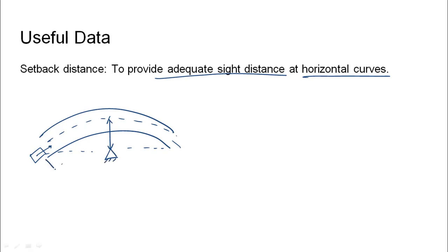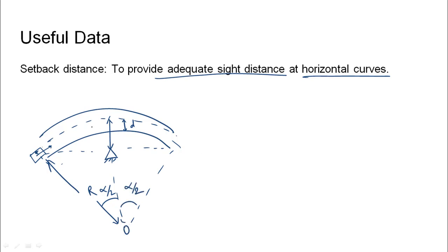So let us assume that the radius is R, which is measured from the center line of the road. Let us assume this distance, that is the center line of the road to the inner boundary of the road, is d. Let us call this angle alpha by 2 and this angle is alpha by 2.